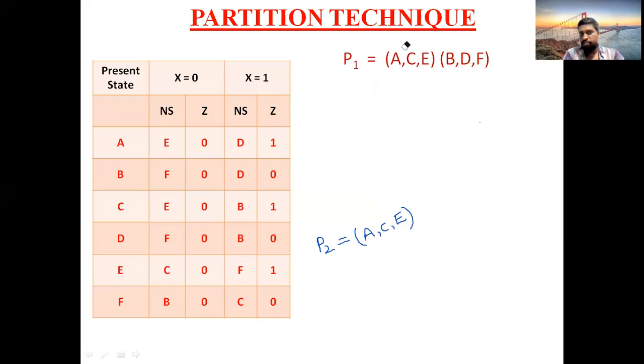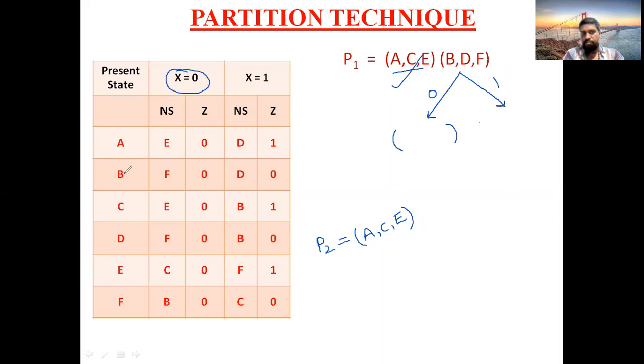Likewise, you proceed for the second group. We have completed ACE. Okay, ACE is completed. Same. Find 0 successor for this group as well as 1 successor of this group. What is 0 successor? You need to verify the column of x equal to 0.